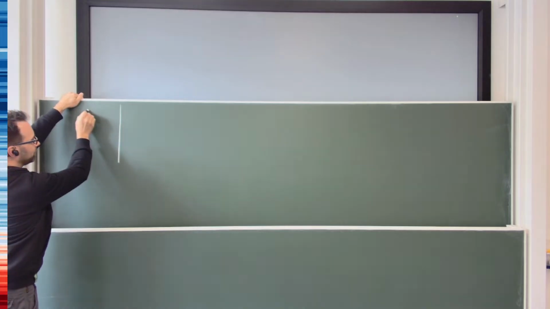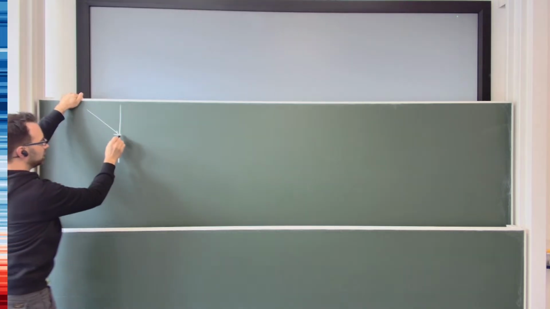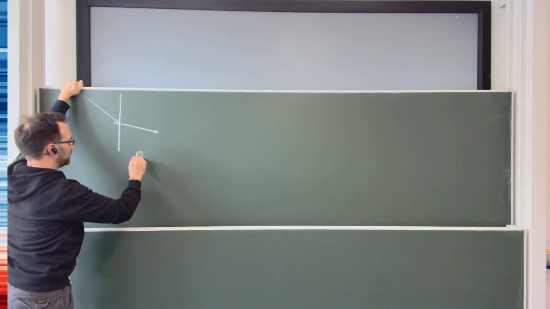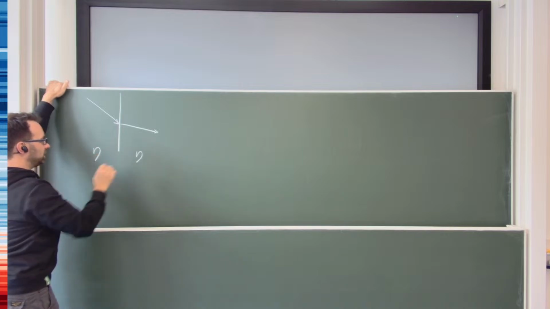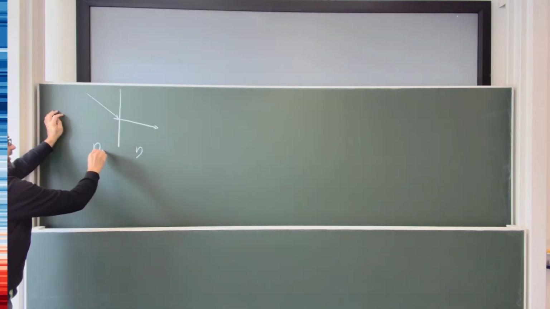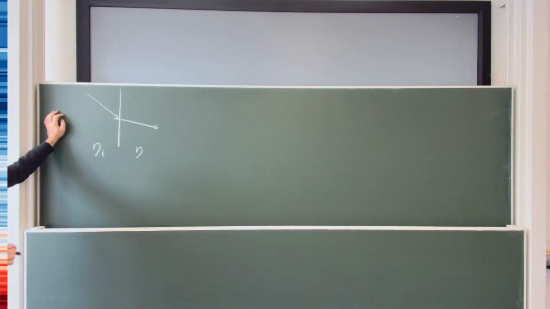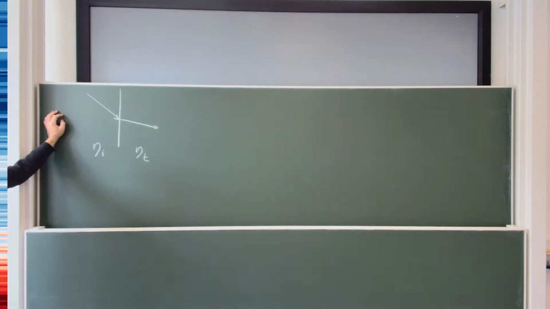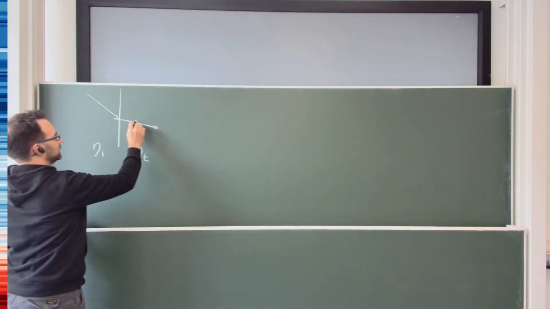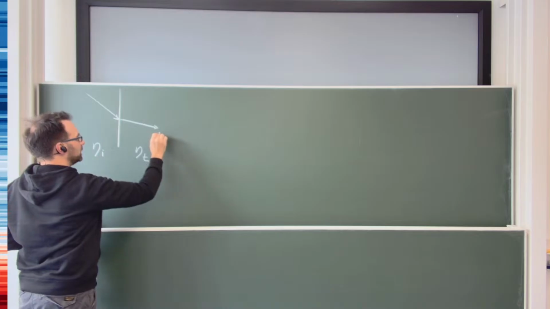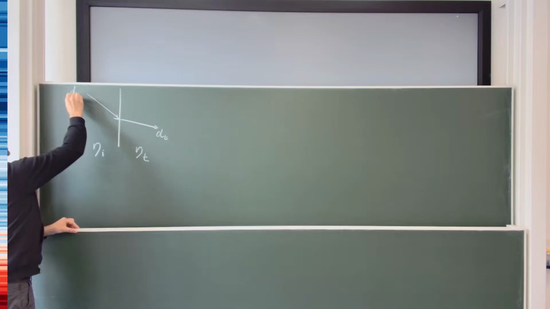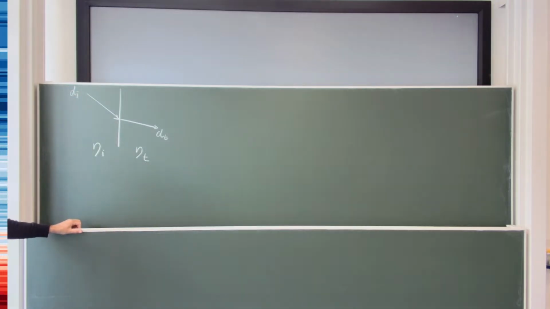We have the interface. We have an incident ray, exitant ray. We have one theta here, one eta here. And let's say this is the eta on the incident side, and this is the eta on the transmitted or transmitting side. Then this is, where do I put it? Here, direction of the transmitted ray, and this is the direction of the incoming or incident ray.